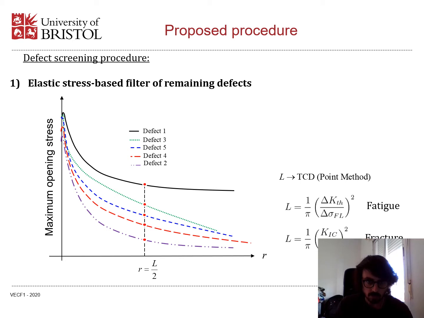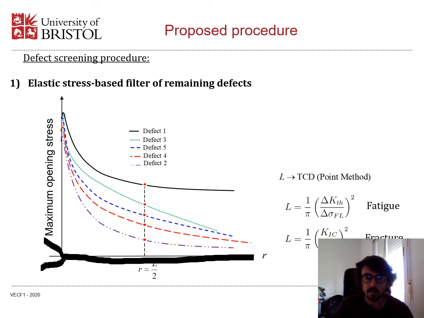Once you have that, you can perform an elastic stress analysis and calculate the stress field ahead of the defect tip, and then you can calculate the stress at a point, at a distance of L/2.